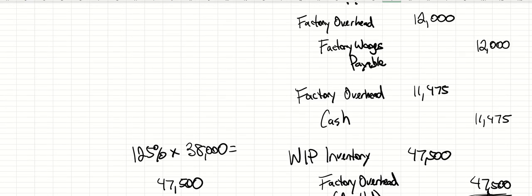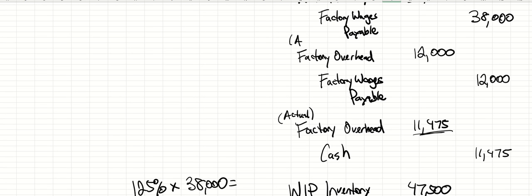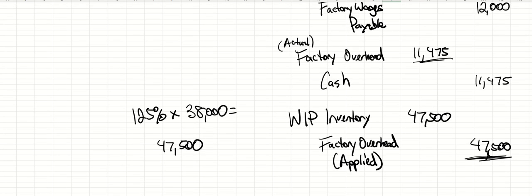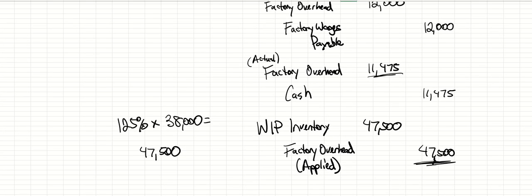The factory overhead amounts here that are debited are actuals. These are actual amounts that are debited. Okay, so that's the difference. It's going to the same account, but on the left side, the debits are the actual costs. On the right side is the applied or estimated costs.